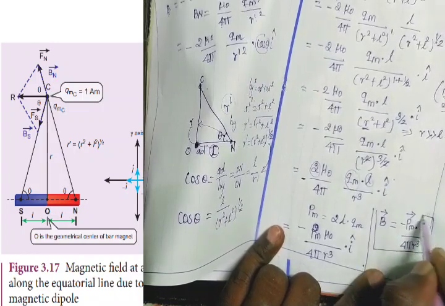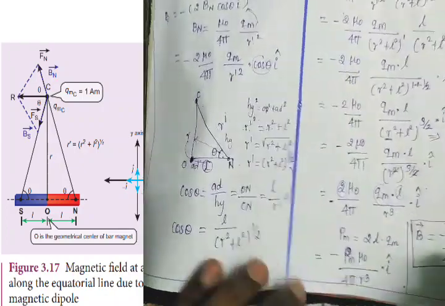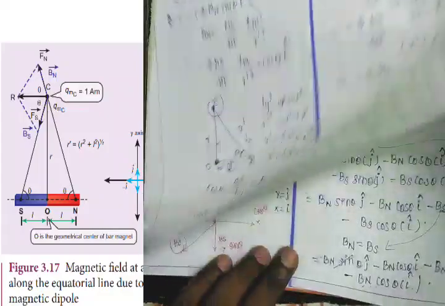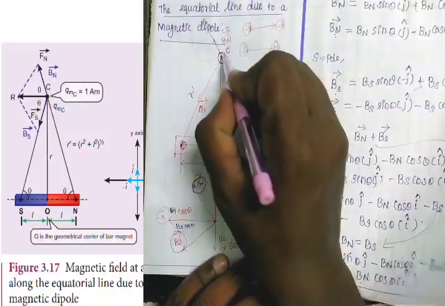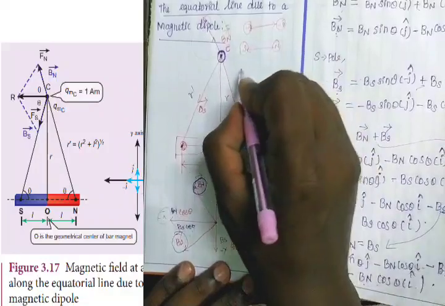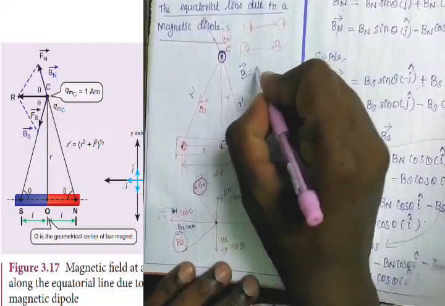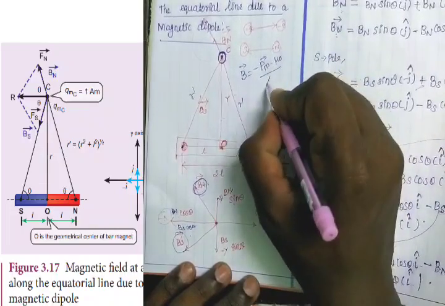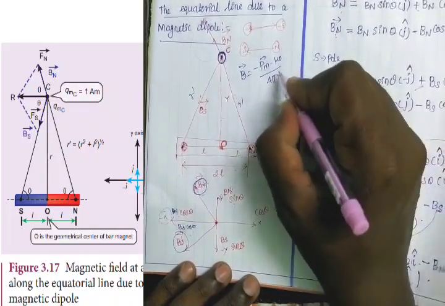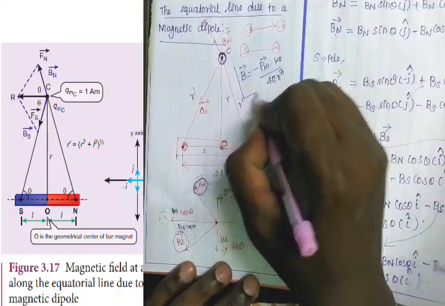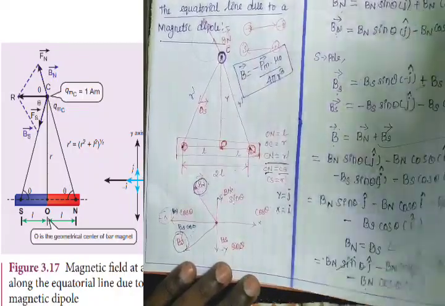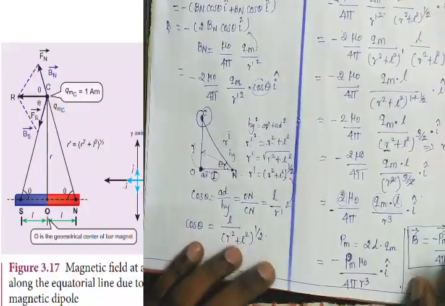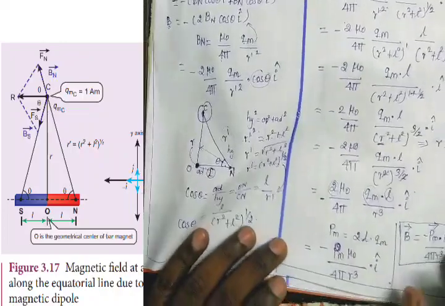So this is the total magnetic field value at the point C. So here, the total magnetic field value B vector is equal to minus Pm vector dot mu naught divided by 4 pi R cubed. It's the total magnetic field value. So it is a simple equation, students. Next class we will discuss another topic. Thank you.